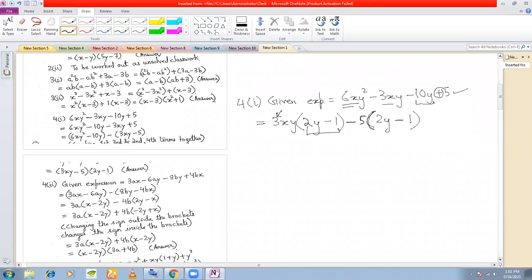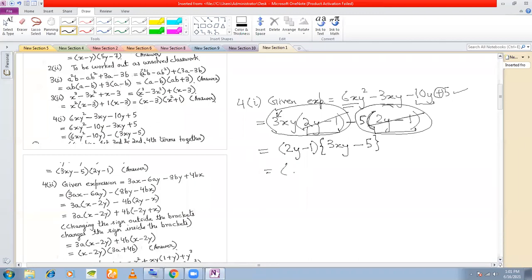So now we have 2y minus 1 and we have 2y minus 1. So I can take this out. 2y minus 1 into, now from this entire expression, if I am taking out 2y minus 1, I'm only left with 3xy. And from this entire expression, if I'm taking out 2y minus 1, I'm left with a 5.